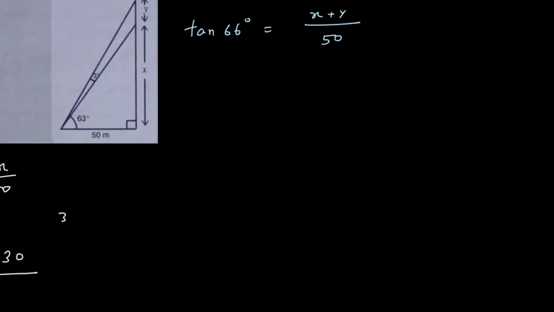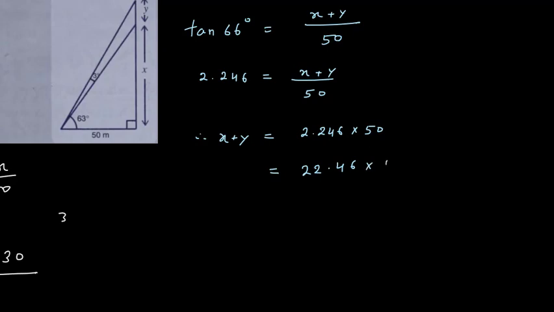So 2.246 is equal to x plus y divided by 50. Now therefore x plus y is equal to 2.246 multiplied by 50.